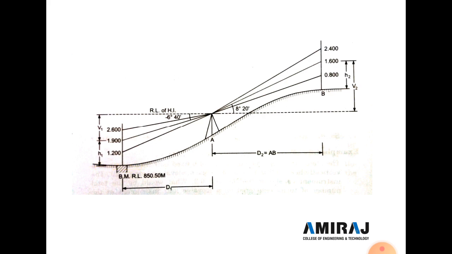From the horizontal line of sight to the central hair reading is the vertical distance V1. Similarly, A to B is distance D2, H2 is the central hair reading to the bottom of the staff, and V2 is the central hair reading to the horizontal line of sight.